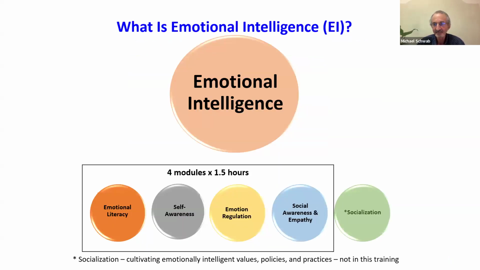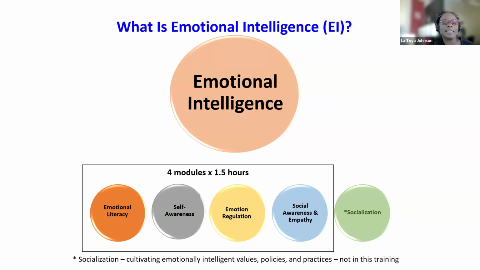LaToya, you're up. All right. So today we're asking, what is emotional intelligence? Many researchers will agree that the components of emotional intelligence are emotional literacy, self-awareness, emotional regulation, and social awareness or empathy, as well as socialization.